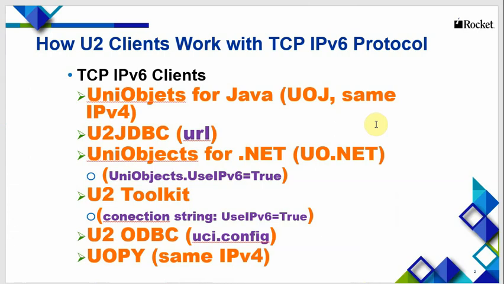For UO.NET, you use a specified property in the UniObject, the use IPv6 property setting. U2 Toolkit is very similar in the connection string. For the ODBC it's a little bit different. You need to specify IPv6 in the UCI config. If you're using the latest UOPY client, it will be the same for IPv4 and IPv6.